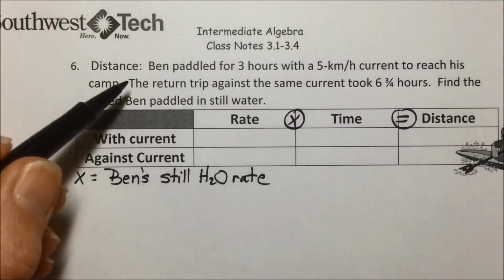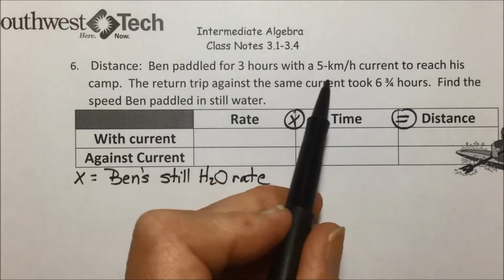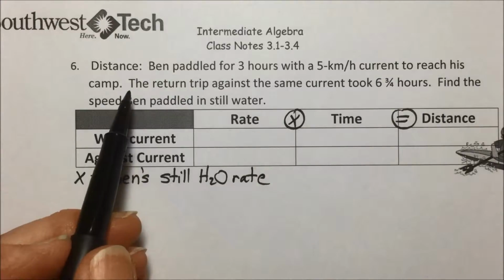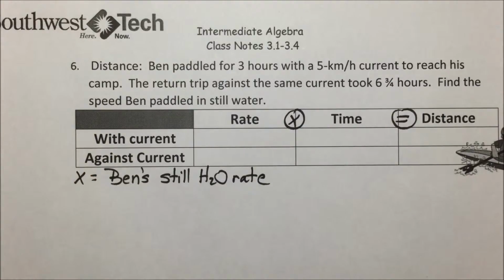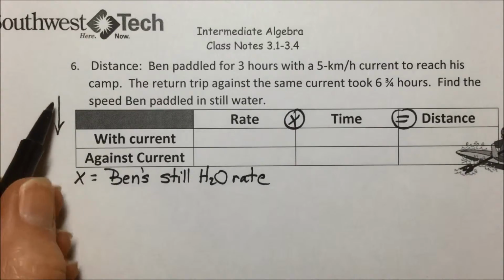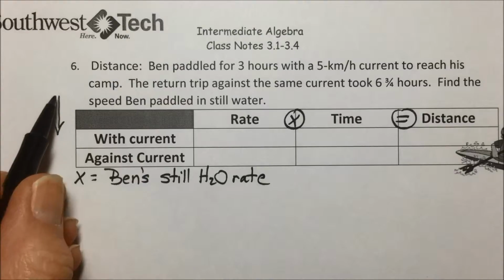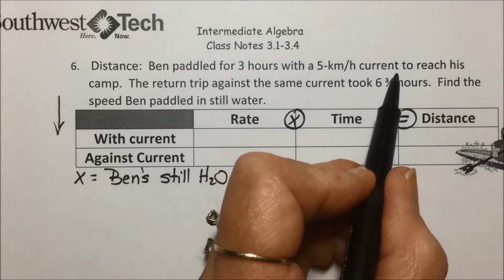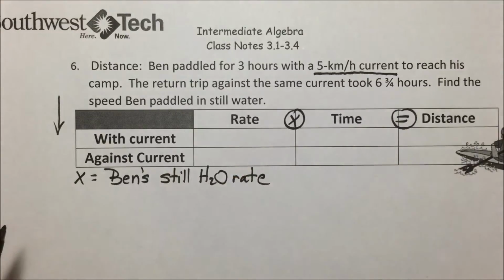So the first part tells us that Ben paddled for 3 hours with a 5 km/h current to reach his camp. With the current, that means he's going downstream. And downstream, his speed is going to be enhanced by the current's speed.